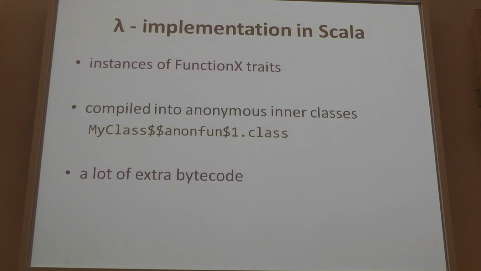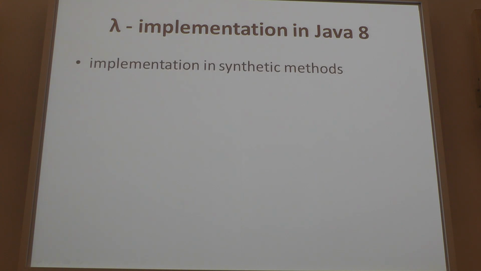So basically, where Scala will define a new inner class, Java 8 will generate just a method with the body of the function, and it will use a new JVM instruction that was added in Java 7, called invokedynamic. We'll look at it a little closer.